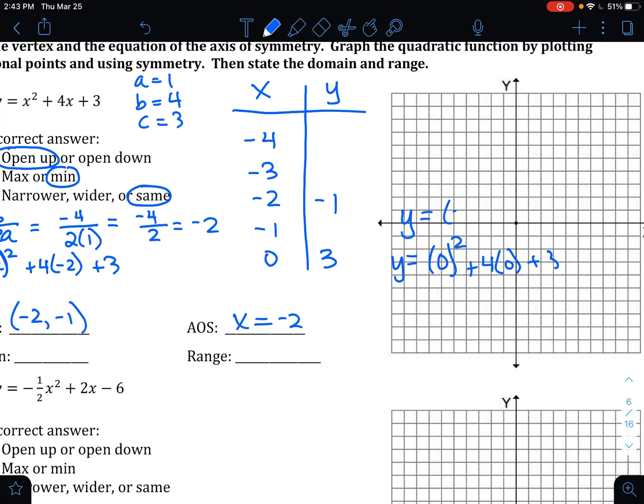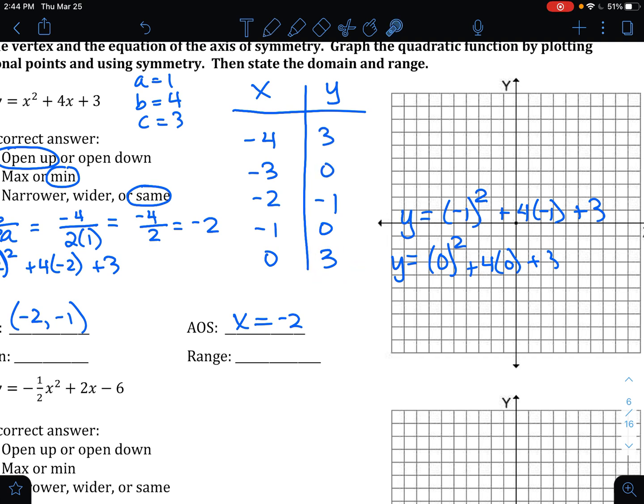When I plug in negative 1, negative 1 squared plus 4 times negative 1 plus 3, that turns out to be 0. Because I went by ones, I can use symmetry. So I'll have 0 and 3.